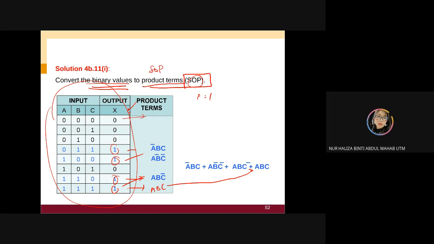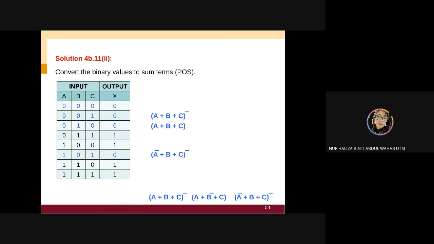So you can bring this one to be the POS. So convert the value to be POS. So you can directly convert. It is not too hard for you to do so.